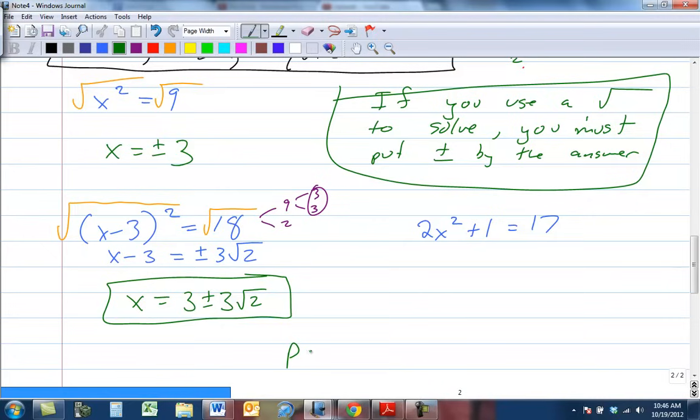Remember PEMDAS? Get rid of addition and subtraction first, so you'd be left with 2x squared equals 16. So we got rid of addition and subtraction. Now we get rid of multiplication and division. x squared equals 8. Then you get rid of exponents. So square root both sides.